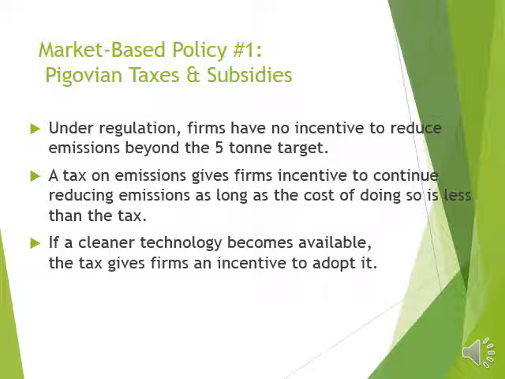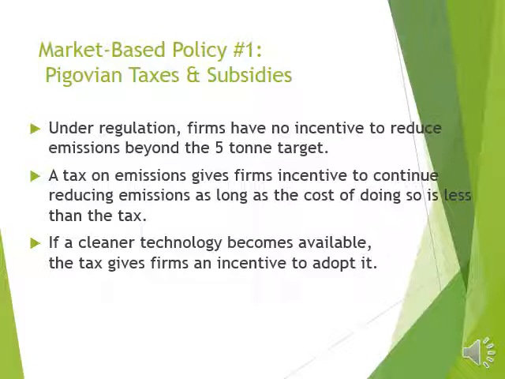So under regulation, in a command-based policy, the government says, okay, firm A and firm B, you are only allowed to pollute 5 tons of SO2 a week each. Well, that could be a problem because that means there is no incentive whatsoever to reduce emissions further, even if the cost of doing so is less than the tax.